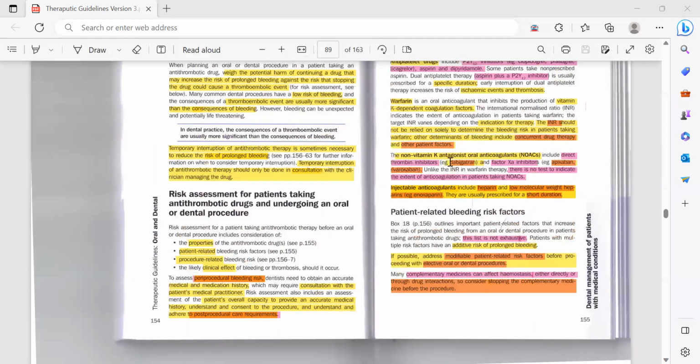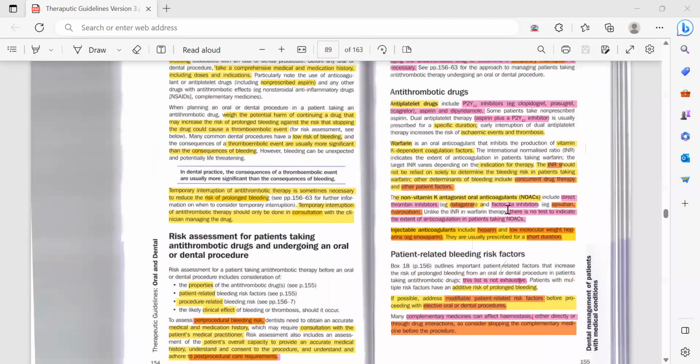Okay, and your patient might be taking any other form of anticoagulant which are not vitamin K antagonists like warfarin, which is dabigatran, and factor 10A inhibitors, which are apixaban or rivaroxaban.